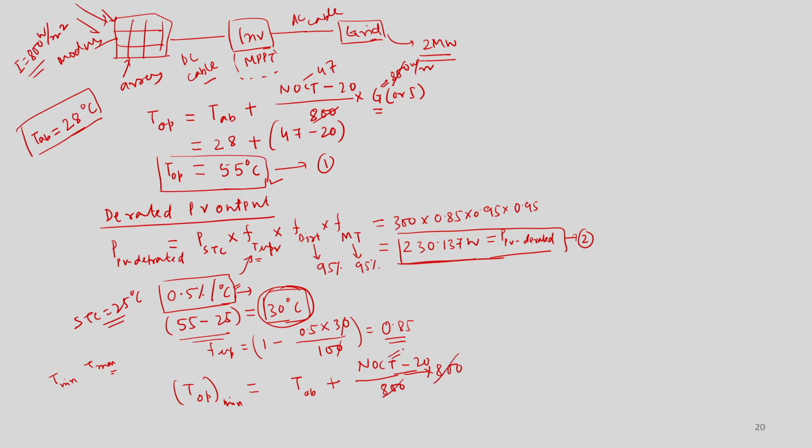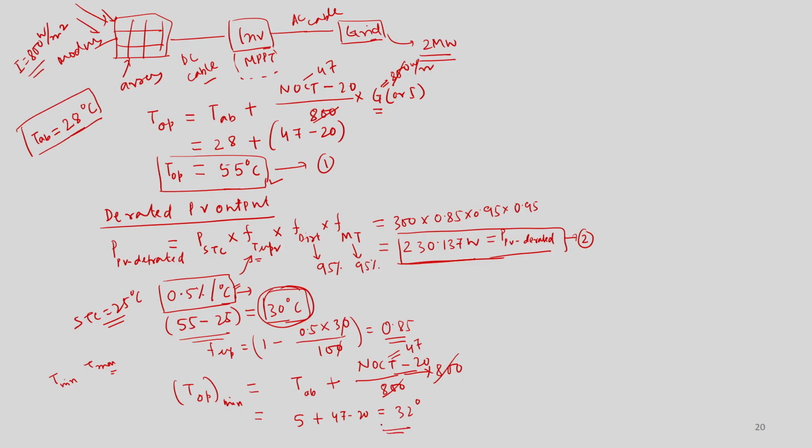This NOCT is 47. So, 47 minus 20, and the minimum ambient is 5. So, 5 plus 47 minus 20 will be 32 degrees.